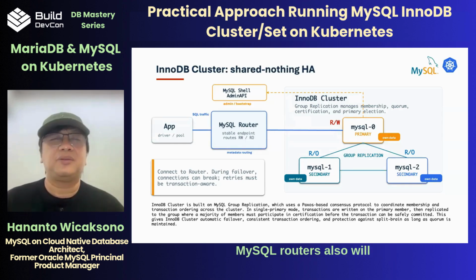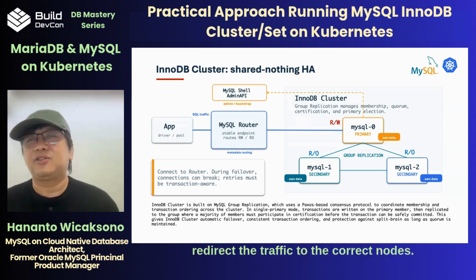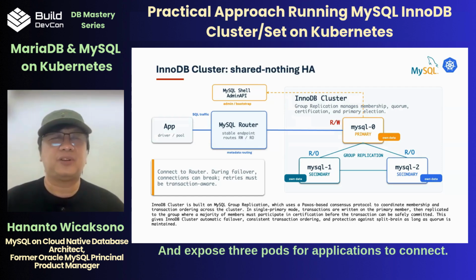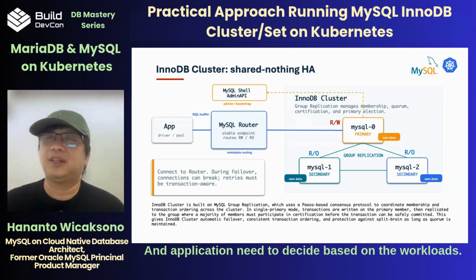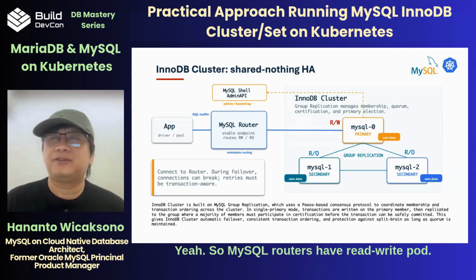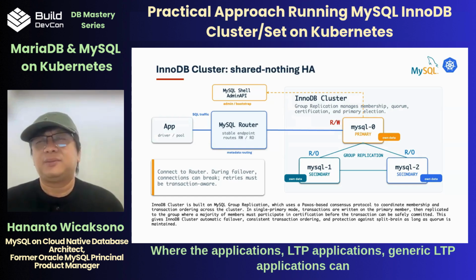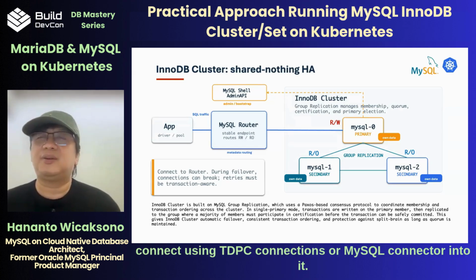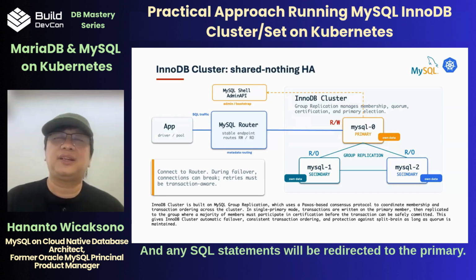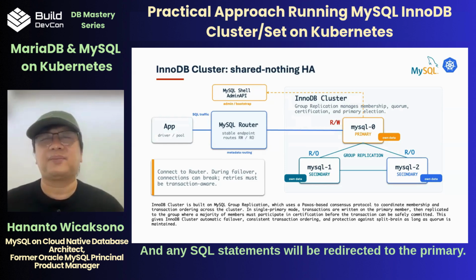MySQL Router also redirects the traffic to the correct nodes and exposes ports for applications to connect, and the application needs to decide based on the type of workload it has. So MySQL Router has a read-write port where a generic OLTP application can connect using a JDBC connection or MySQL connector, and any SQL statements will be redirected to the primary.